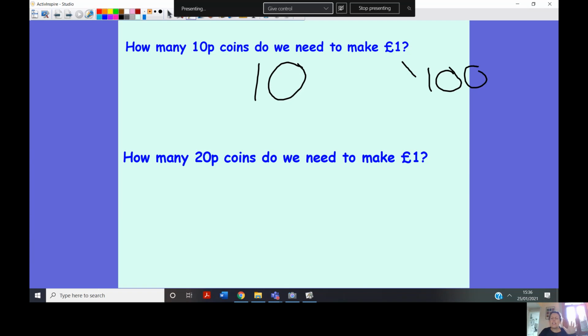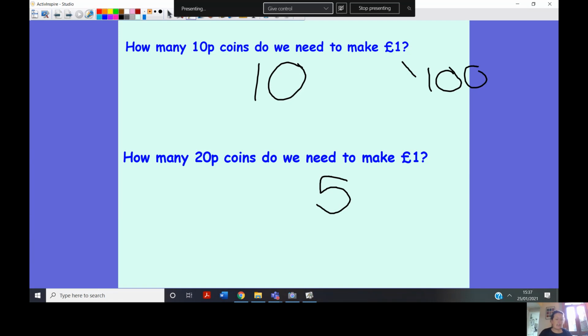I need 5 20p coins to make 100 pence or £1. Do you know how I know my 20 times table? Because I know my 2, 4, 6, 8, 10, so 20, 40, 60, 80, 100. They're related. We're just making the numbers 10 times bigger.